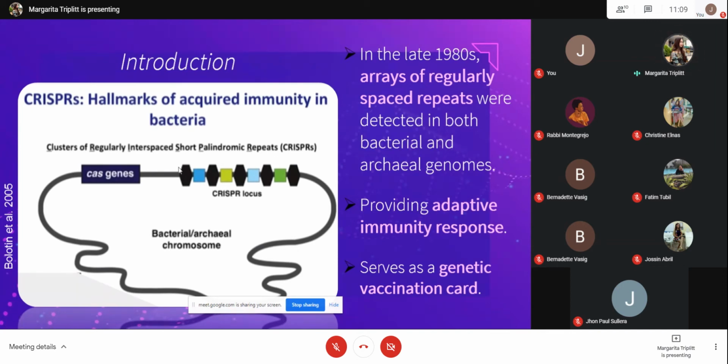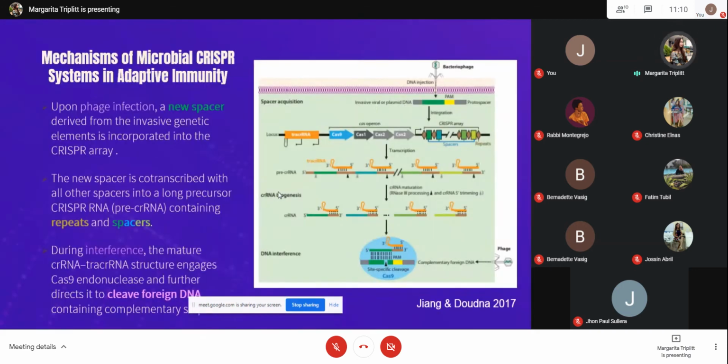So next, I'm going to explain how CRISPR works in bacteria or microorganisms. So first, there are three different mechanistic steps in this adaptive immunity response of bacteria or archaea.